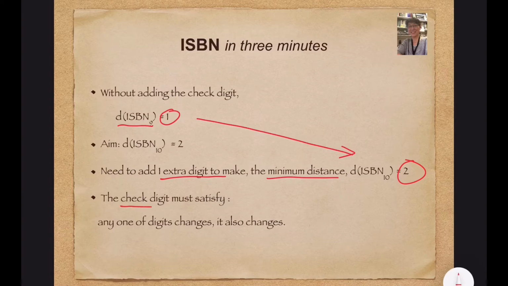It means the check digit must satisfy this condition: any change that appears in the 9 digits, the check digit itself also changes, which means 1 change must bring 2 changes within the code. Therefore, minimum distance can be guaranteed as 2.